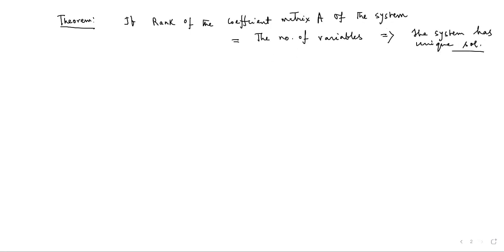And therefore this particular system that I'm dealing with has a unique solution. We already know that the system has a unique solution. Here the rank of the coefficient matrix is 2, and the number of variables is also 2.